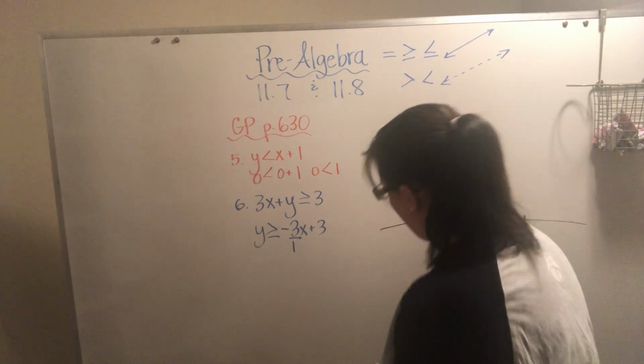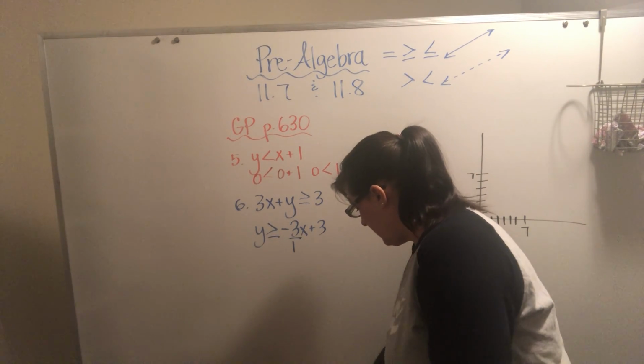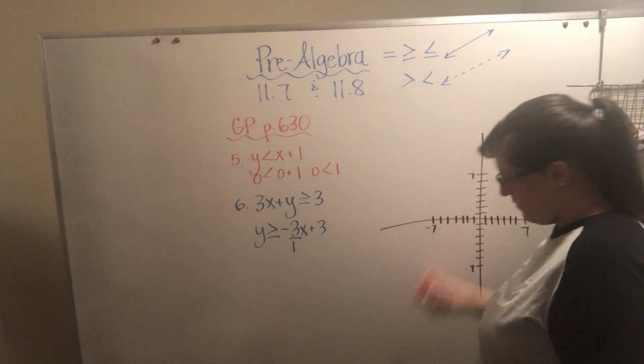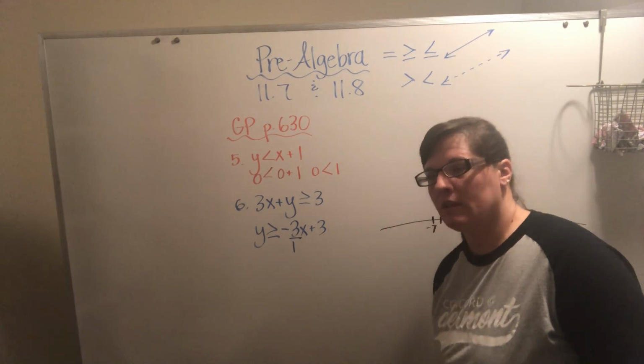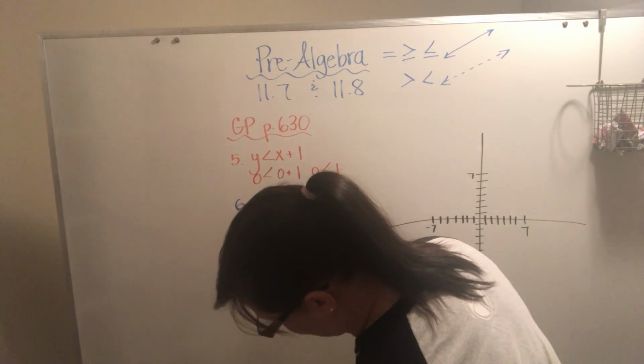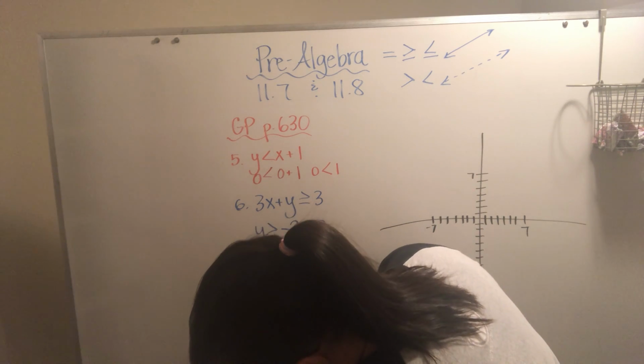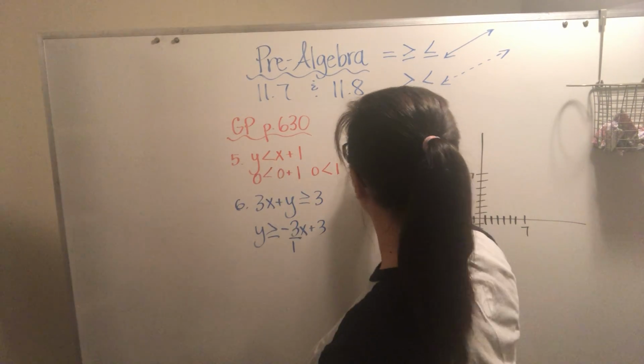Obviously when you are graphing, you must graph these on graph paper. You do not want to just freehand these. You need to be in the habit of getting exact answers. Oh, I'm going to do 7 and 8. I'm trying to do these in a hurry.